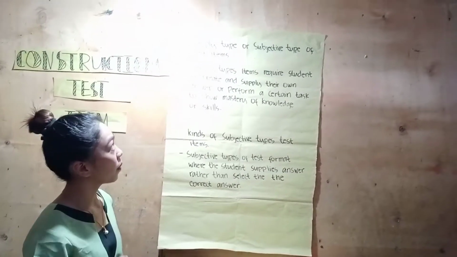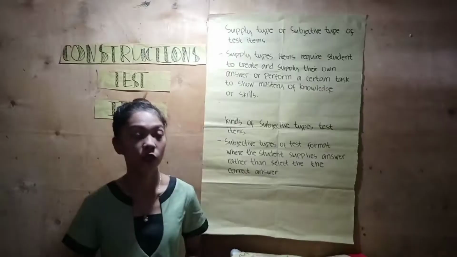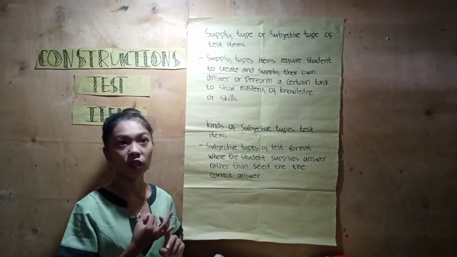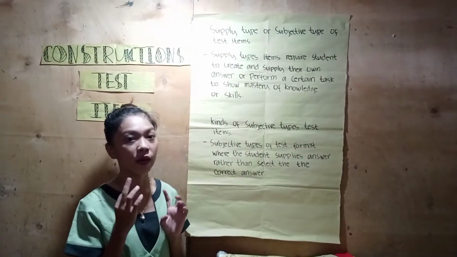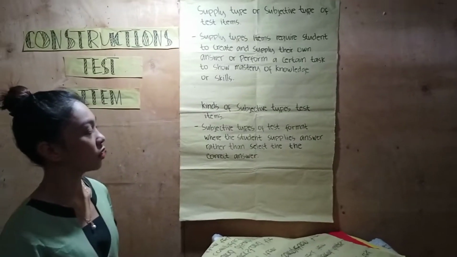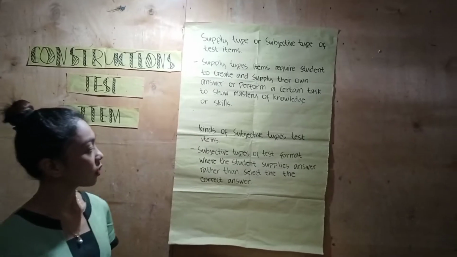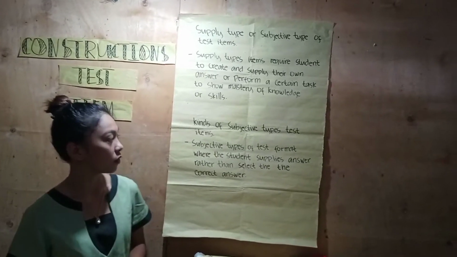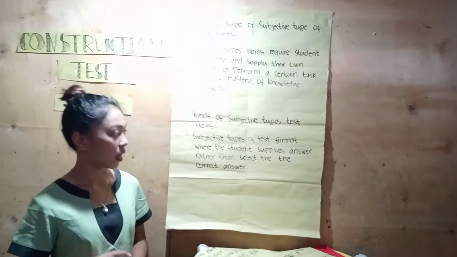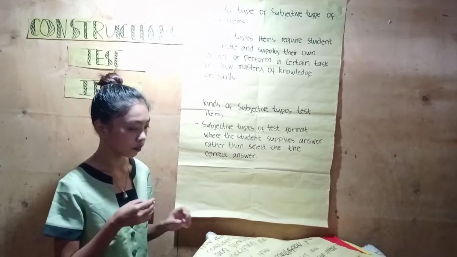Examples of the supply type or subjective type of test items are true or false, completion, and multiple choice. Subjective types are a test format where the student supplies the answer rather than selecting the correct answer.